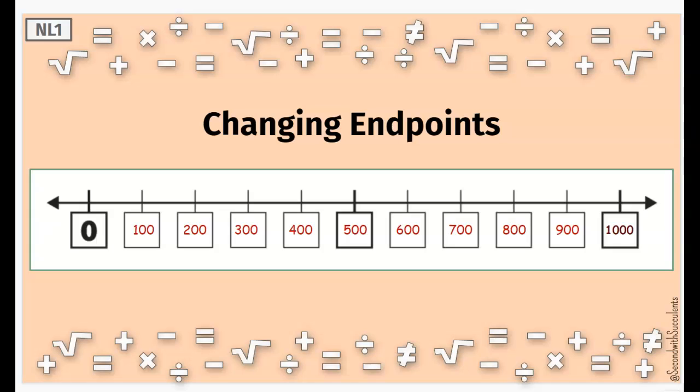What are we counting by on this number line? If you said we're counting by 100, give yourself a big pat on the back. We are. Every jump or mark on our number line goes up 100. I want you to be thinking about what's changing in our endpoints. What's staying the same?